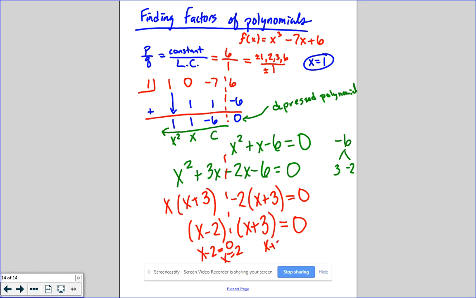I set x plus 3 equal to 0, x equals -3. So I could give you an equation and say, find all factors. It's just x equals 1, x equals 2, and x equals -3. So we just found all the factors of this equation.